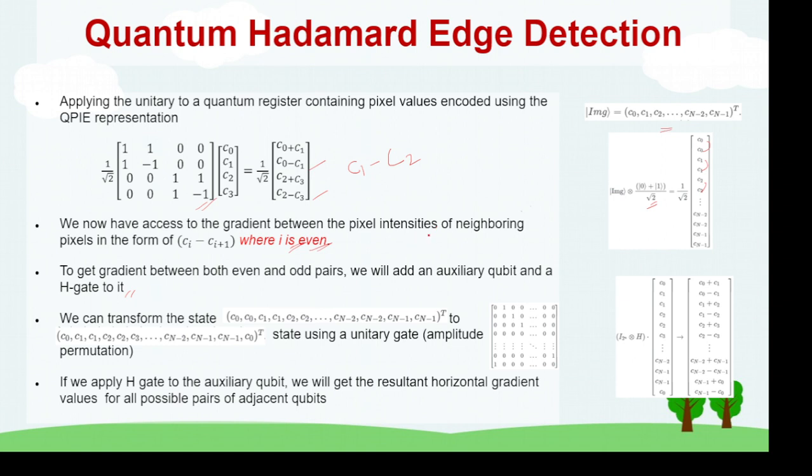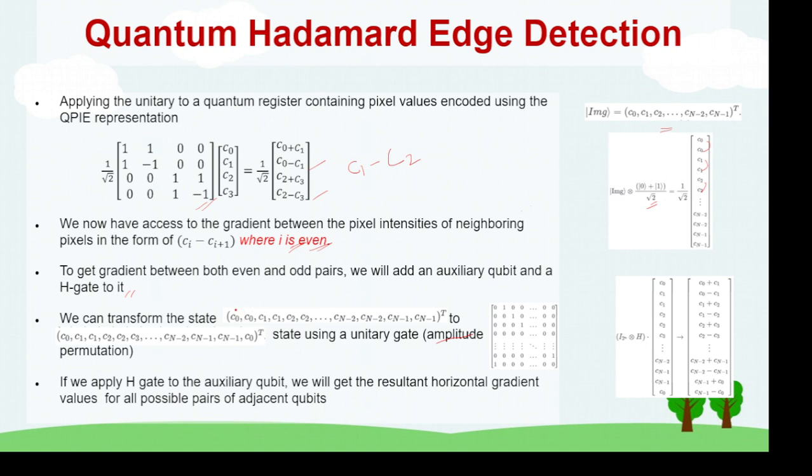Now we need the gradient for both odd and even pairs. For that we are going to do another trick, called amplitude permutation. Amplitude permutation is a very common technique in quantum image processing, but in this case we are trying to do one simple trick. We know that there are two C0s, like that for all elements.